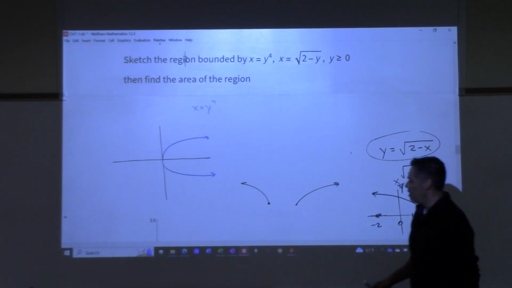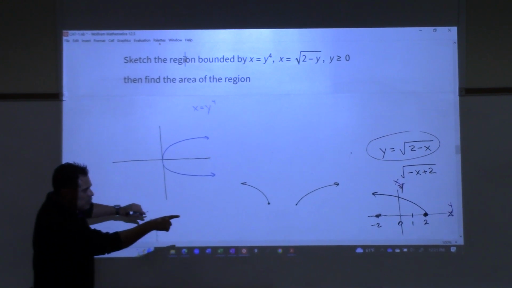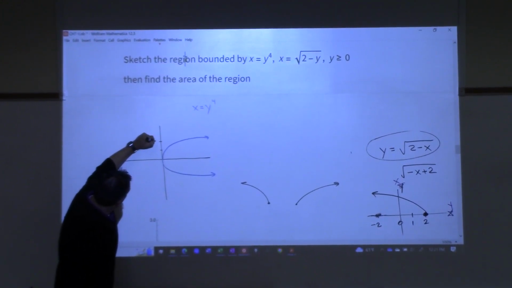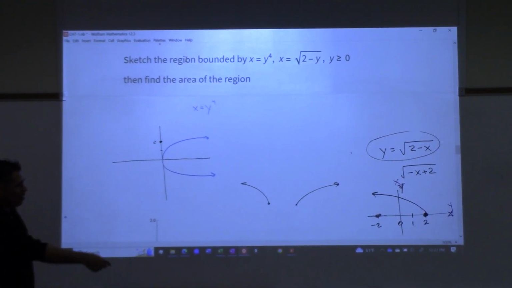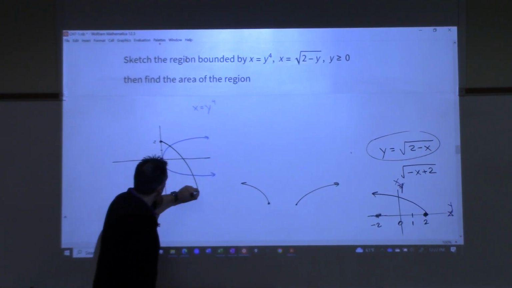So what's that going to look like then? Our y-axis is what? Positive 2, which is up here, right? And then which way does it go? Which way is that arc going towards? Towards negative y values. So like that.